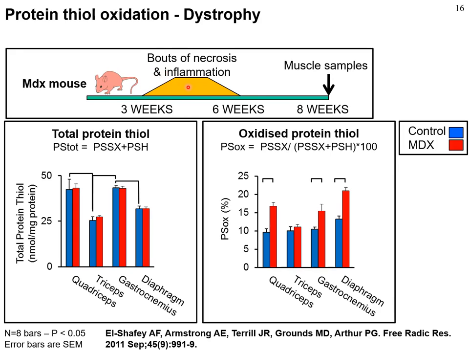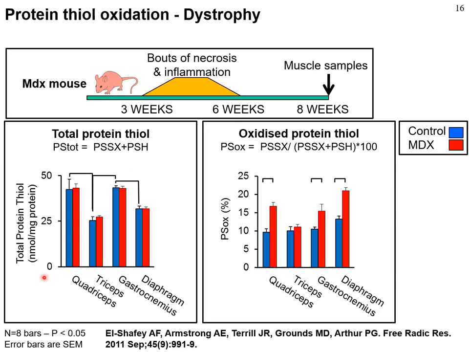This severe bout of necrosis and inflammation continues for about another 3 weeks, and then gradually decreases, and by 8 weeks there's very little necrosis and inflammation going on. So what we were interested in finding out is whether there was protein thiol oxidation in these muscle samples. So we used the technique I described earlier to measure protein thiol oxidation.